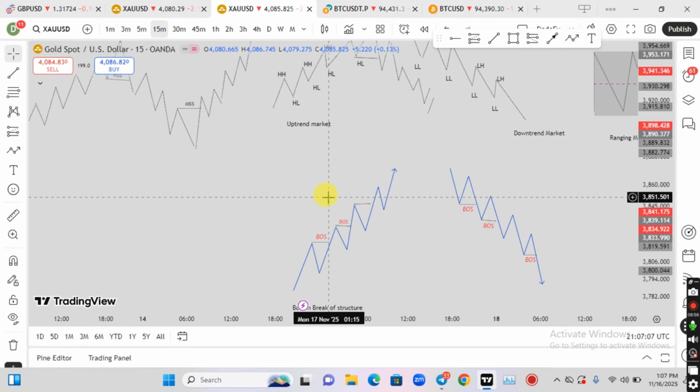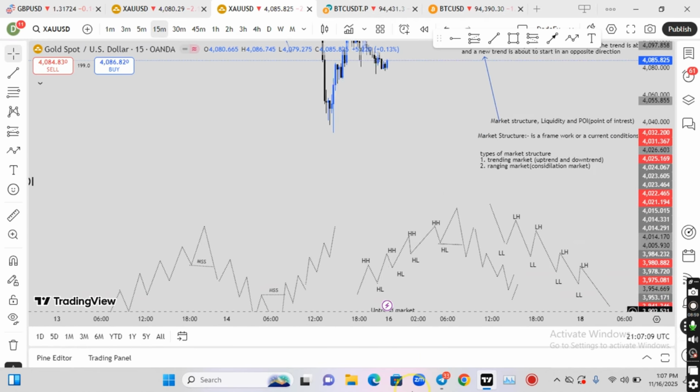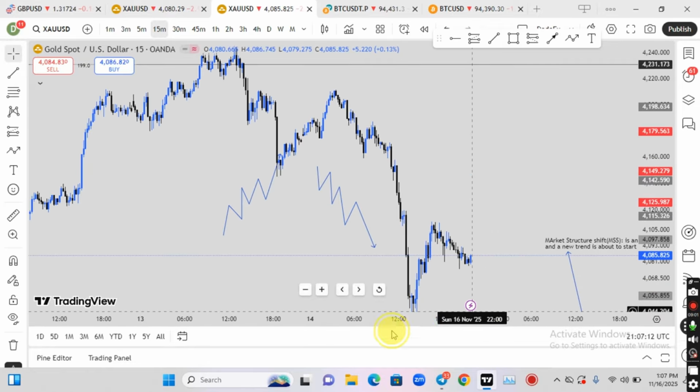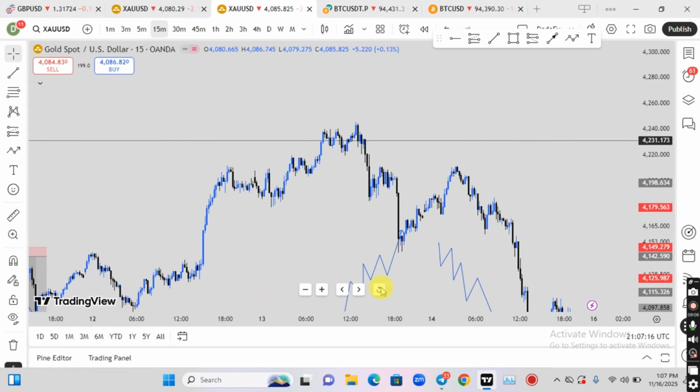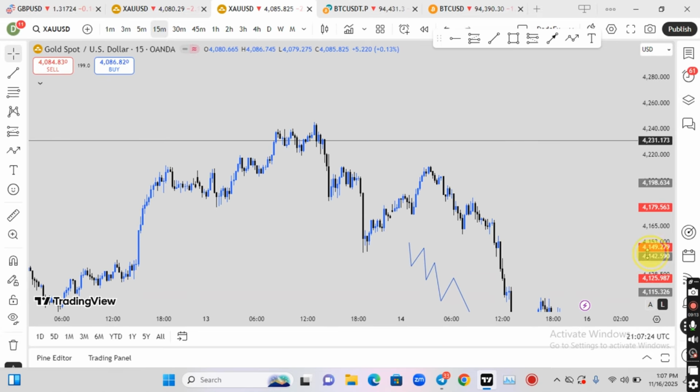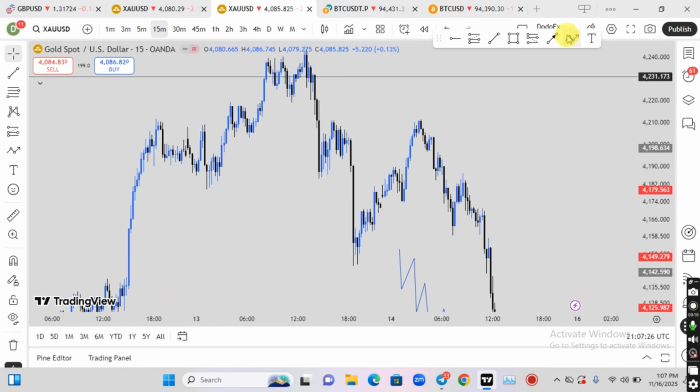So whenever you're having a break of structure, let me show you an example from a chart. This right here is an example of break of structure.